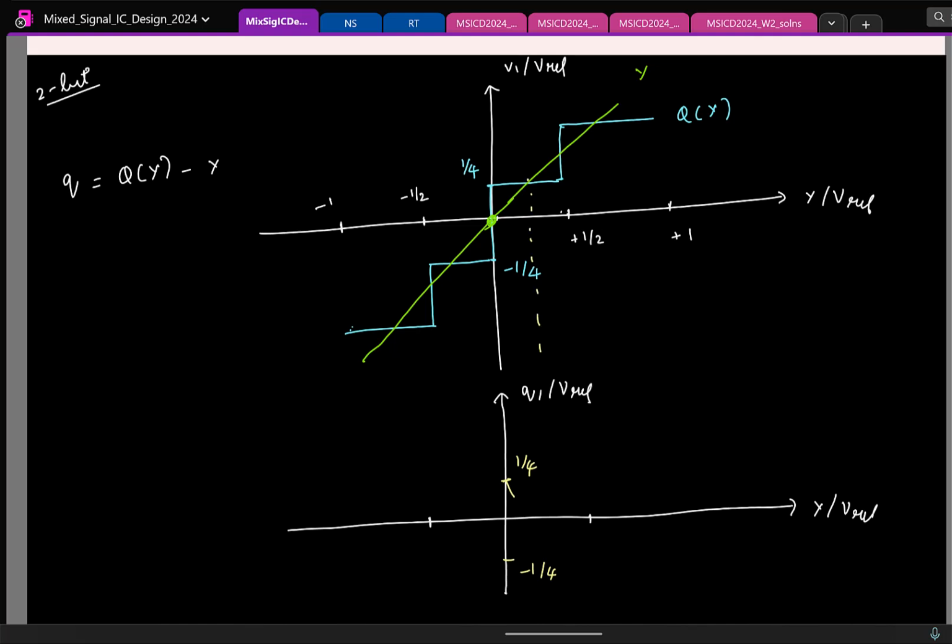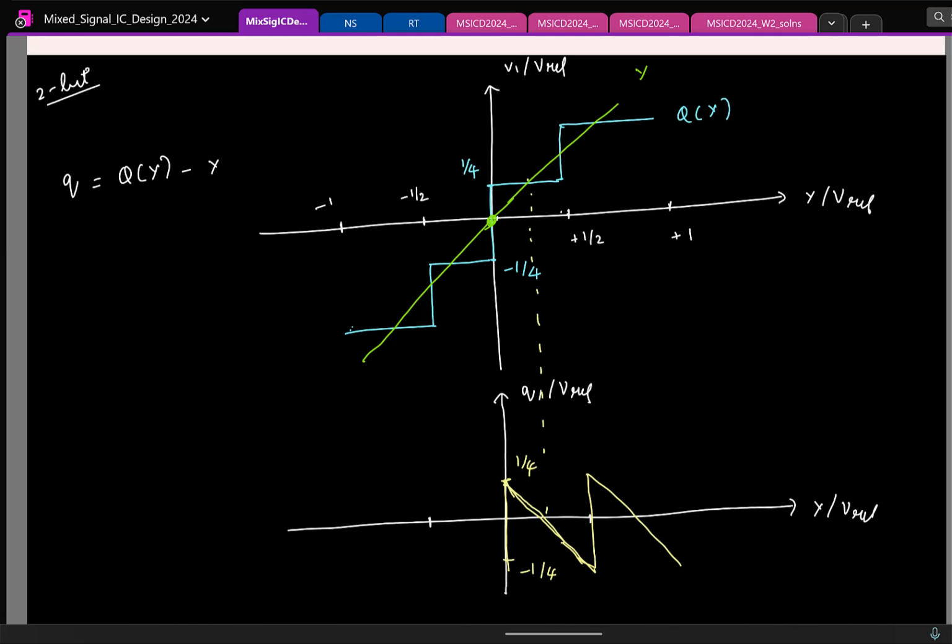Let me quickly write it. And at this point, what will happen? There will again be a discontinuity. So let us say it will jump up like this, and then do this.